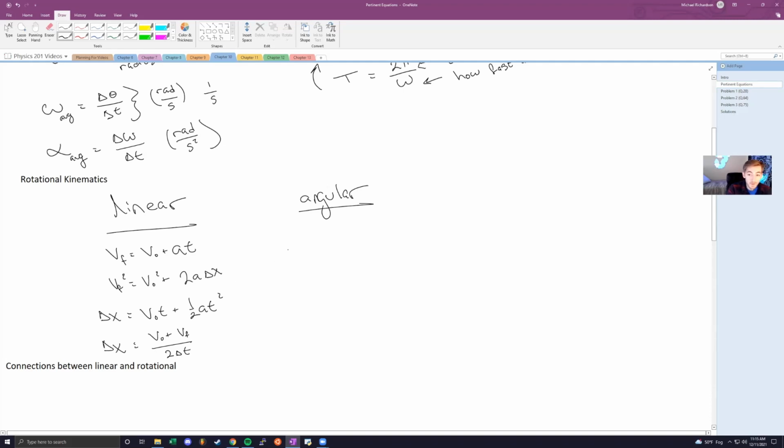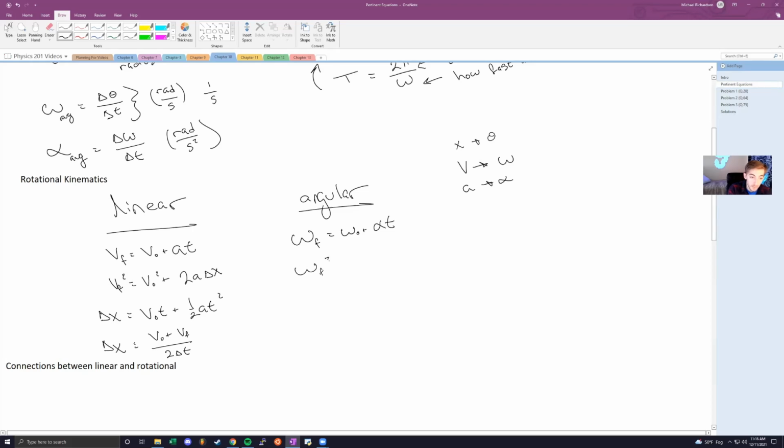I'm not going to lie to you, this transformation is going to be very, very simple. Knowing that velocity goes to angular velocity, distance goes to theta, and acceleration goes to alpha, we can see that omega final is equal to omega naught plus alpha t.